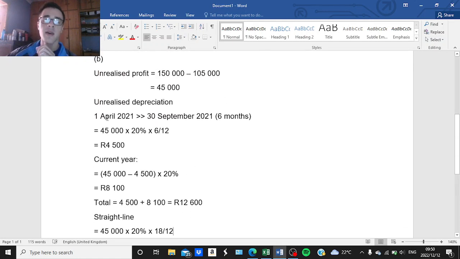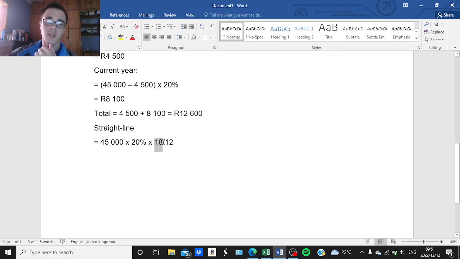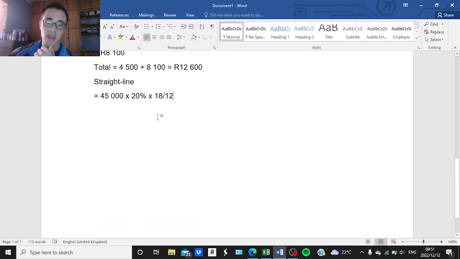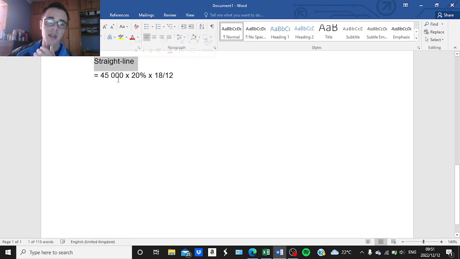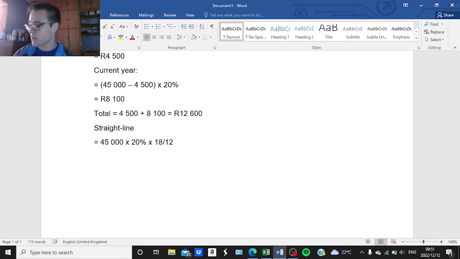Okay, once again, from the 1st of April 2021, the date of sale, up until the end of this year, which is the 30th of September 2022, will give you a total of 18 months. And if you use the straight line method, this is how you would have calculated the unrealized depreciation that will need to be eliminated. So then you would have gotten an answer of 13,500.